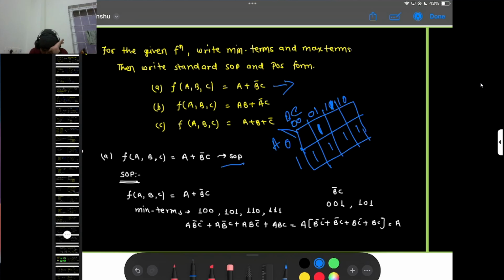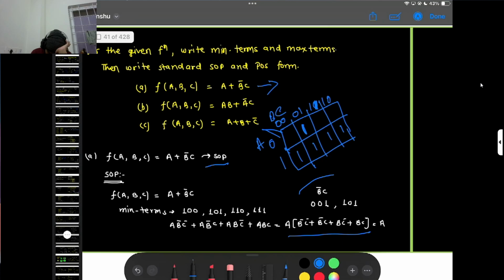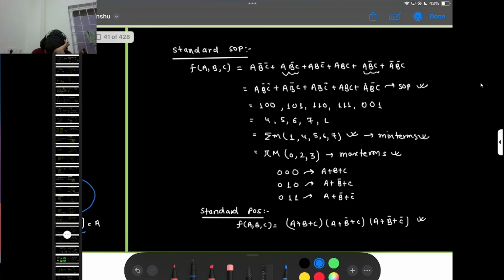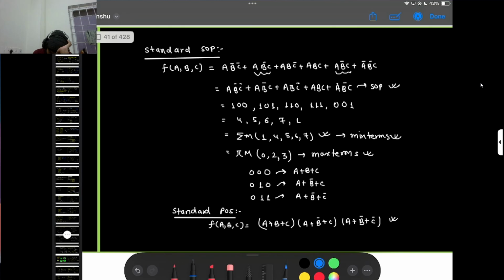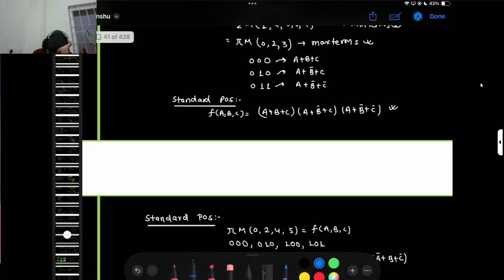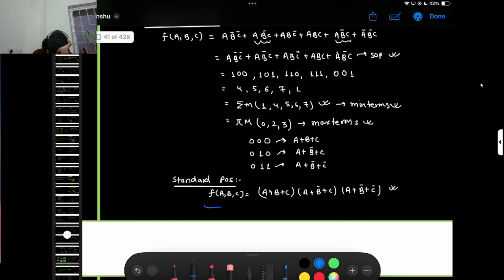So the minterm is 4 for B bar C. For standard SOP it will be calculated as 4 5 6 7, so this is the standard SOP, and the standard POS.